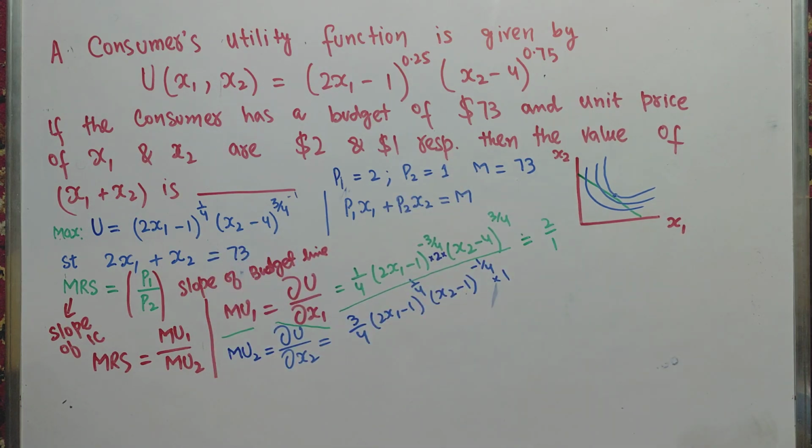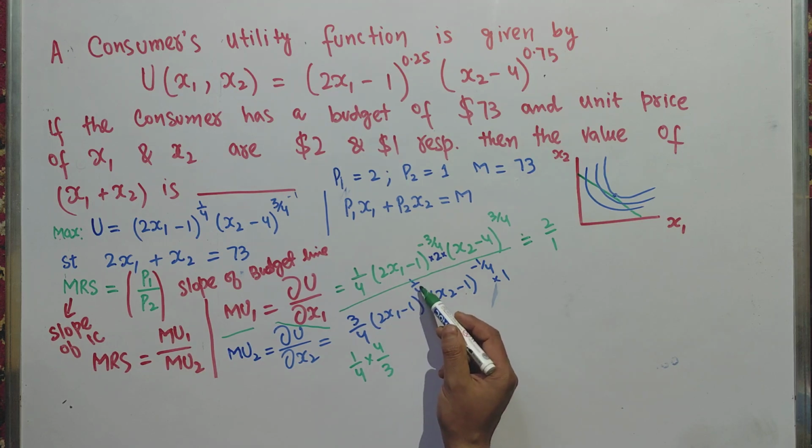Okay, I have divided mu1 and mu2 here to save the space. So here what will we get? Let us see. First thing is we have 1 upon 4 into, it will get reciprocated, it will become 4 upon 3. Then we have (2x1 minus 1) raised power 1 upon 4.